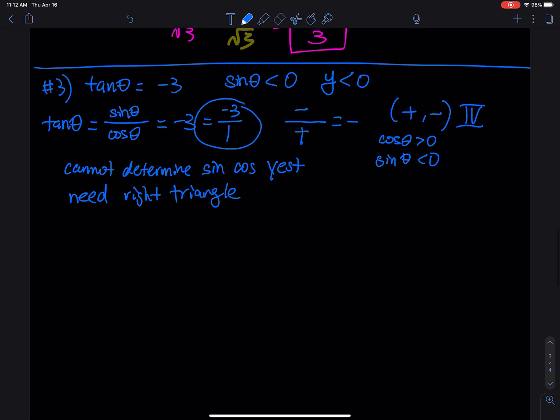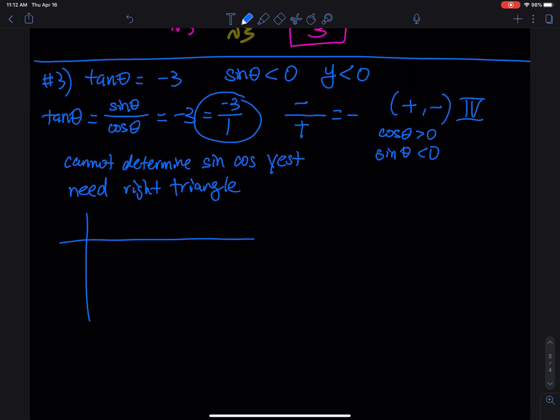All right, let's do a right triangle in quadrant 4. So in quadrant 4, that is my right triangle. That is theta. We have -3, this is a 1. This is my radius. Radius is always positive. Why is the -3 and 1 right there? Because tangent equals opposite divided by adjacent, TOA, right?